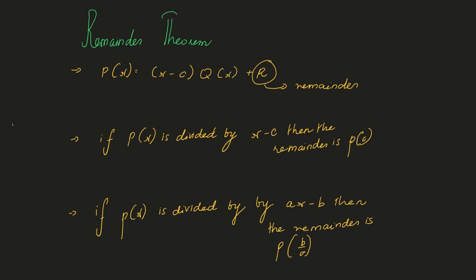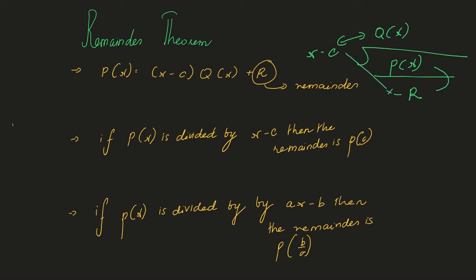You can picture this situation as: here you have p(x), here you have x minus c, here you have q(x), and in the remainder you have r. We multiply both of these, add r, and get p(x). Therefore, r is the remainder in this situation.